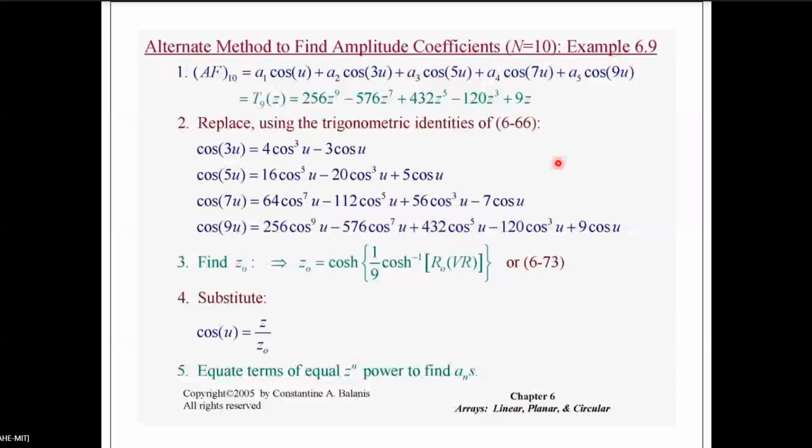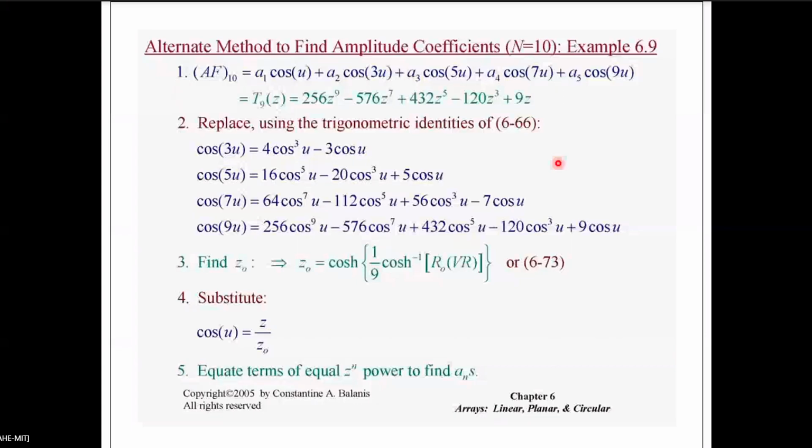Now the procedure. Note down 1. Procedure, first step: select the appropriate array factor, even or odd. Okay. Yes, sir.